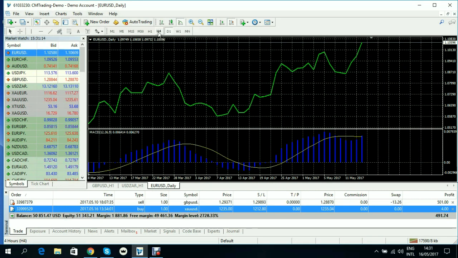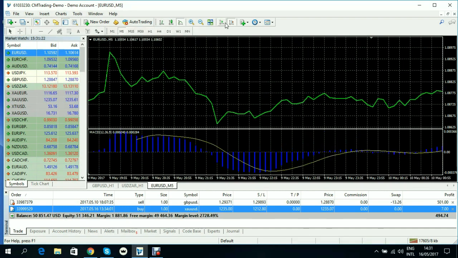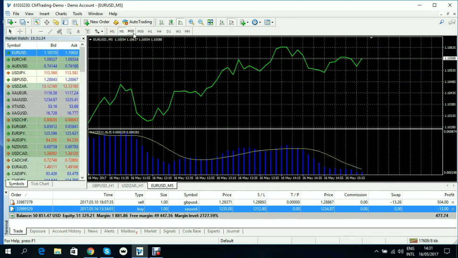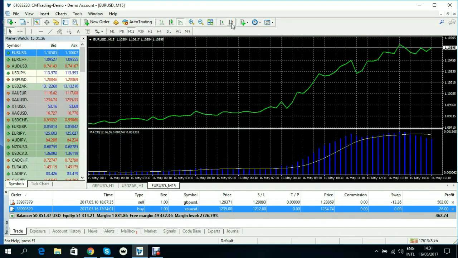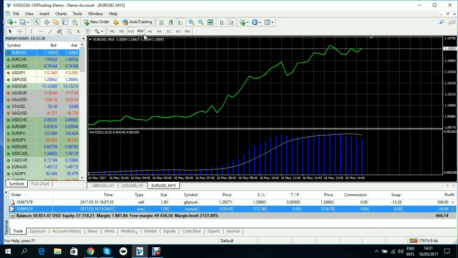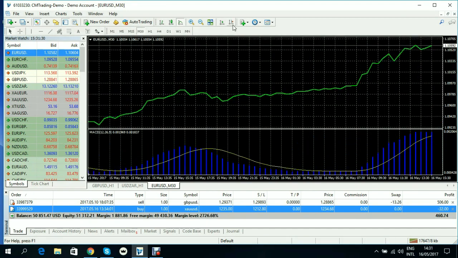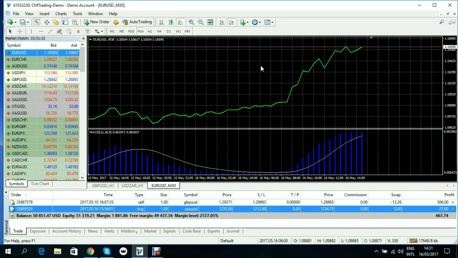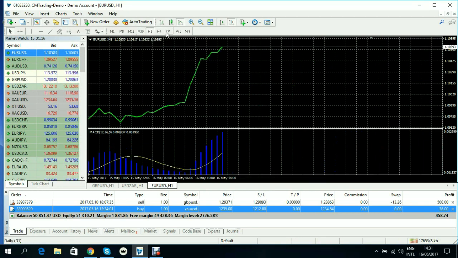Like I said earlier on, it all depends on your trading strategy. If you are a scalper, then you will be using a shorter time frame. If you are a day trader, you'll be using between 1 hour, 4 hour and the daily chart.